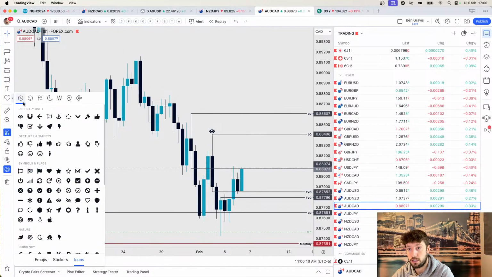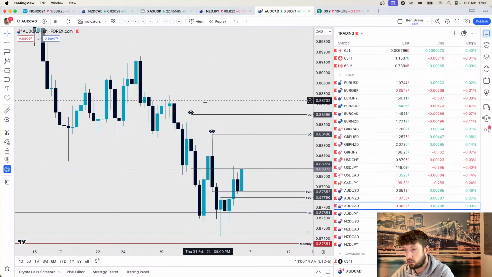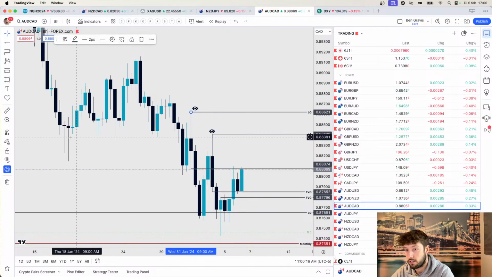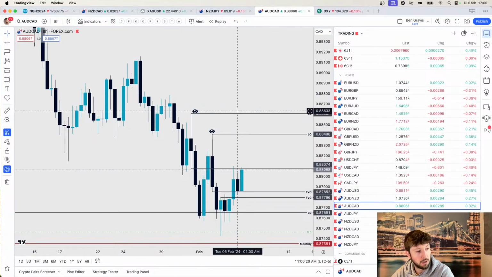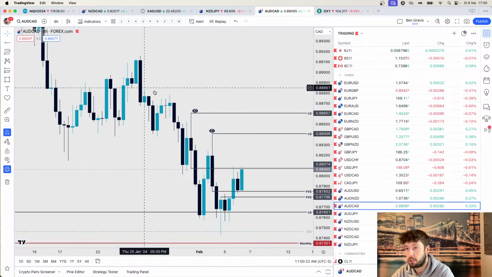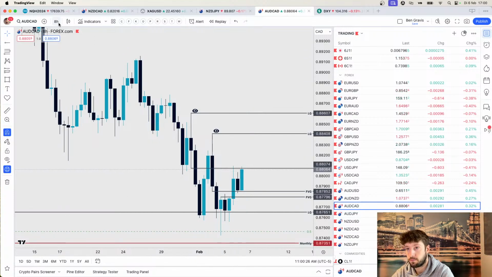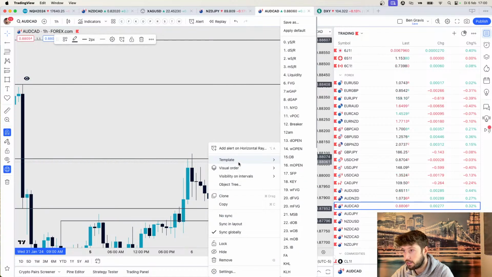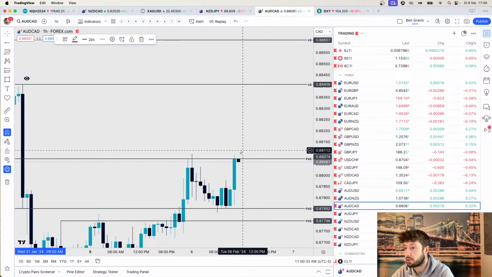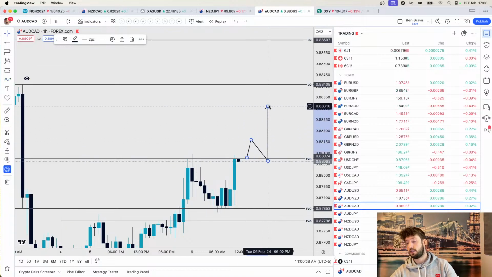So we can potentially seek more longs on this pair, because my bias will be bullish if we close beyond that one. So let's have a look. Right now, I'm really looking for a move higher and then a potential entry. Potentially like this and then the move higher.